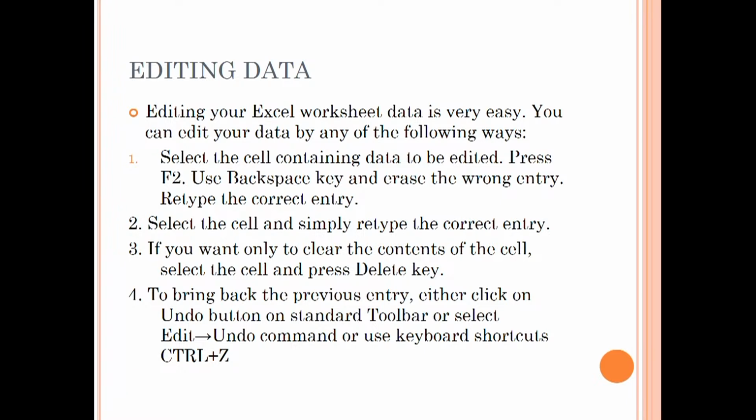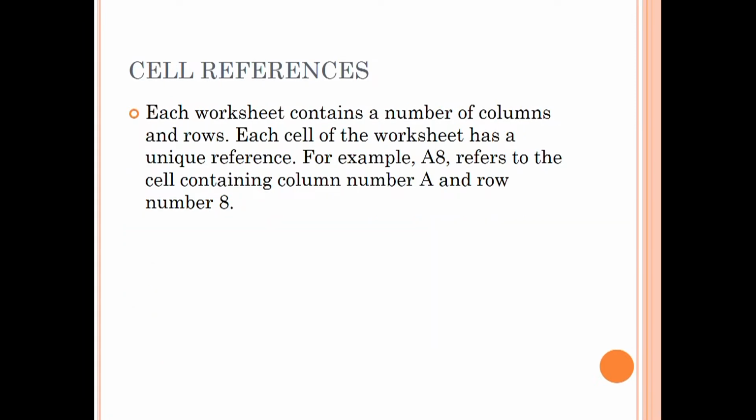Third, if you want only to clear the content of the cell, select the cell and press the delete key. To bring back the previous entry, either click on the undo button on the standard toolbar, or select Edit and then the Undo command, or use the keyboard shortcut Ctrl plus Z. Ctrl plus Z is used to undo the command, that is, getting a previous entry back.